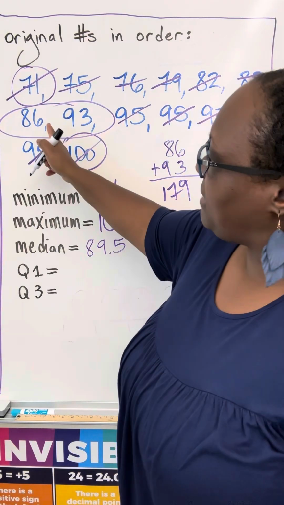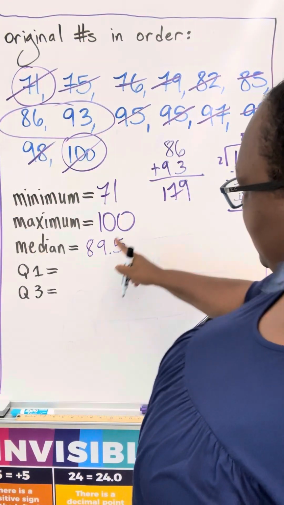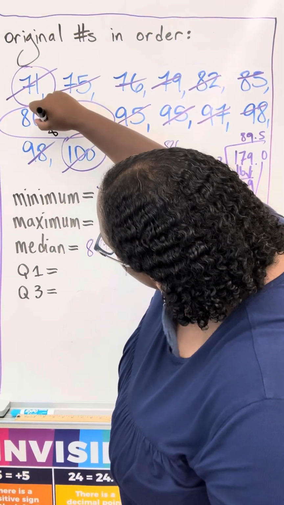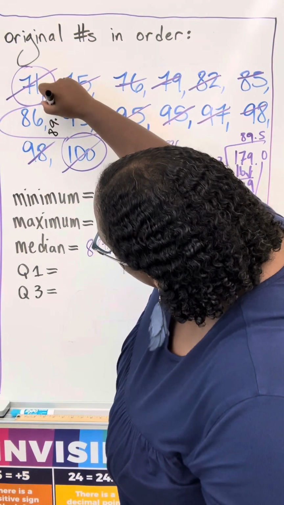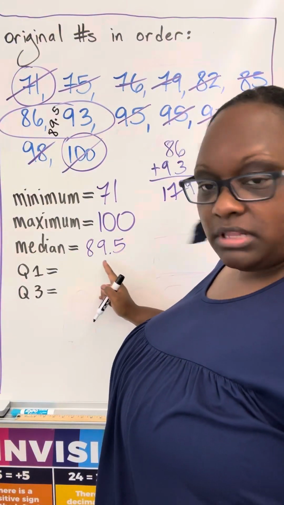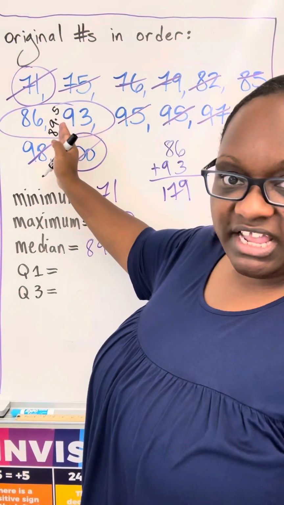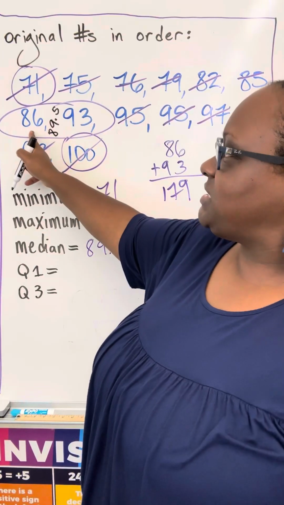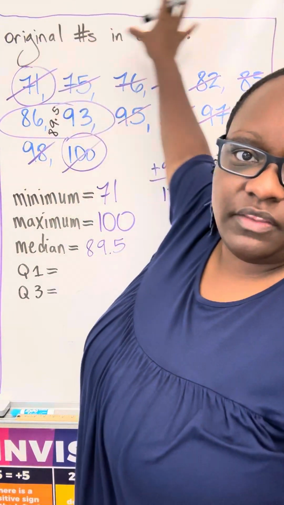So my middle was 89.5. Now, if the middle number, the median, had already been a number that was there, I didn't have to do all the math to do the division and everything. If it was a specific number there, then I would just use all the other numbers.